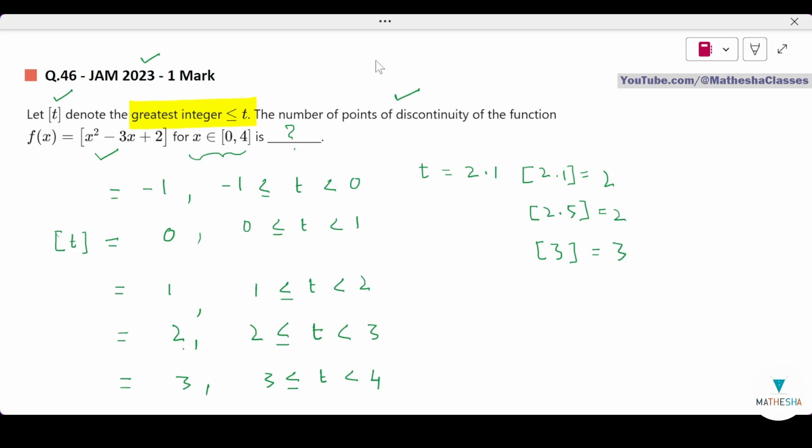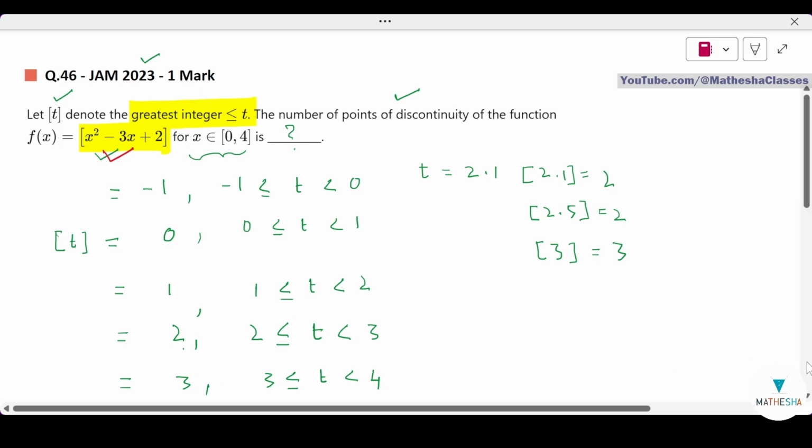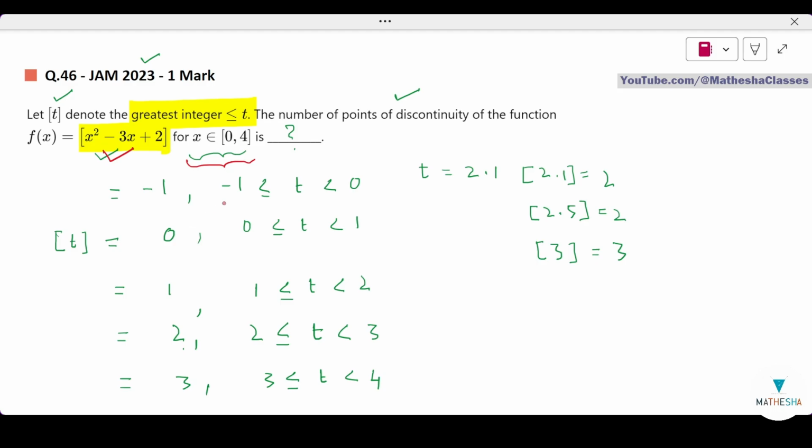So here you have to consider the box of the function x square minus 3x plus 2. So you do not have to deal with the function x square minus 3x plus 2, rather you have to deal with the function box of x square minus 3x plus 2. And you have to say how many discontinuities there are of the function in between 0 and 4.